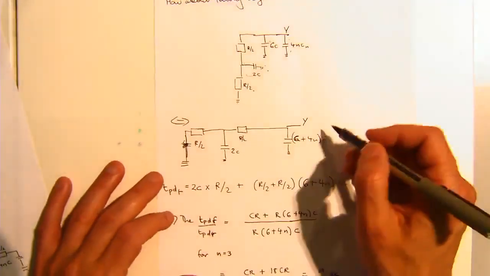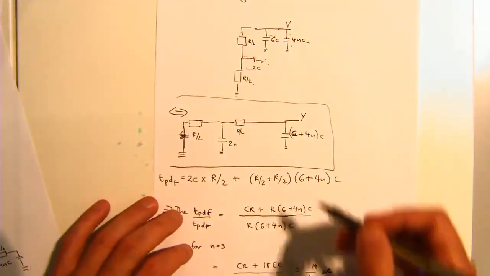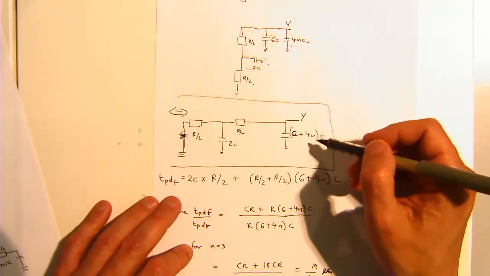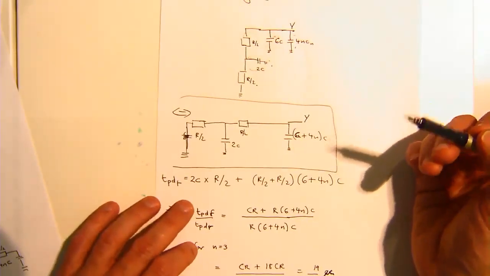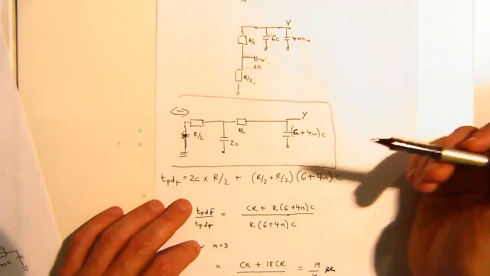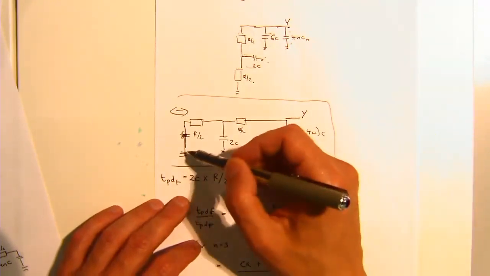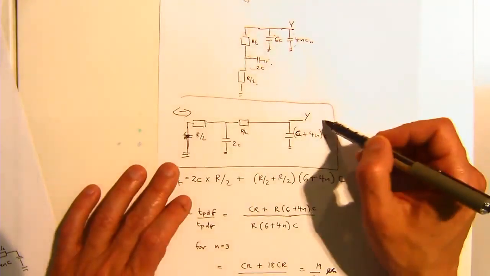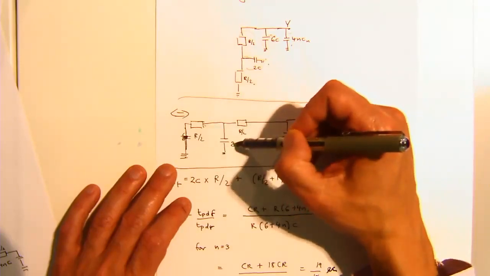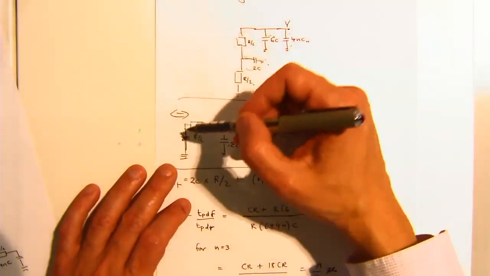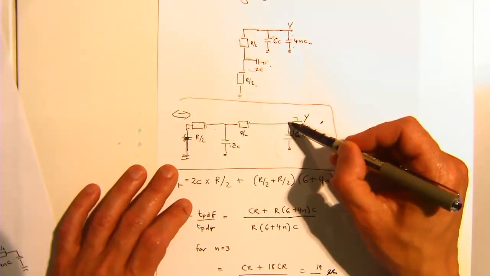Now, why have I done this? This is the equivalent circuit. What I'm trying to do here is get you to use the Elmore delay theory or methodology. So if we're going to 0, what's the output? We've got R2 times 2C plus R2 plus R2 multiplied by that capacitance, right?